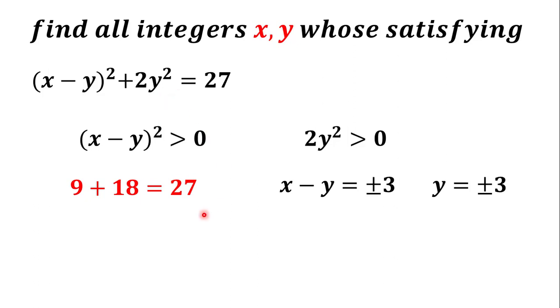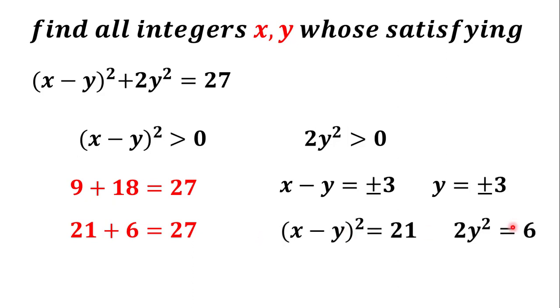Maybe you say 21 and 6 are answers. So we can write (x - y)² equals 21 and 2y² equals 6. From this equation, we can write y² equals 3 and y equals plus or minus square root of 3.